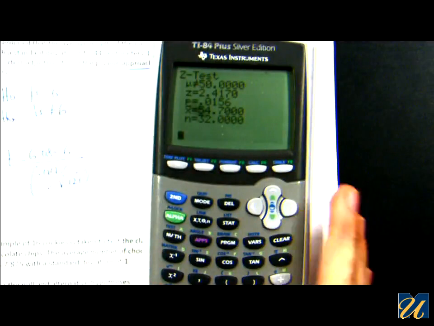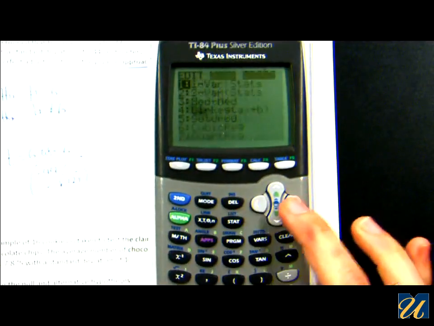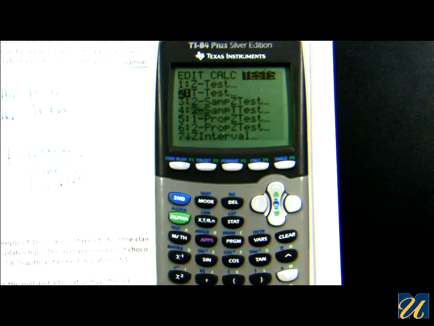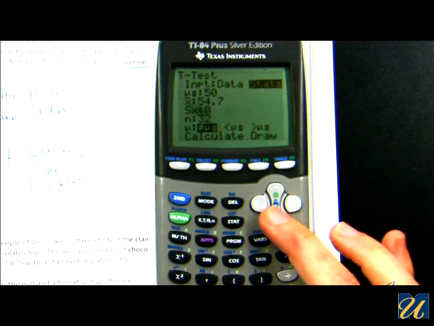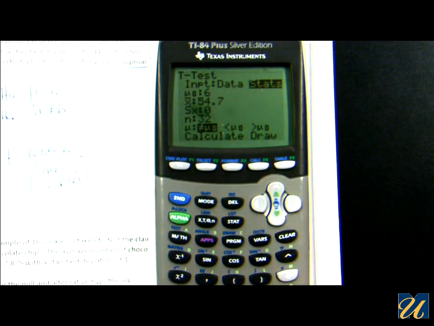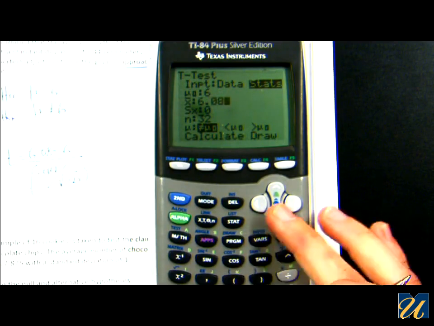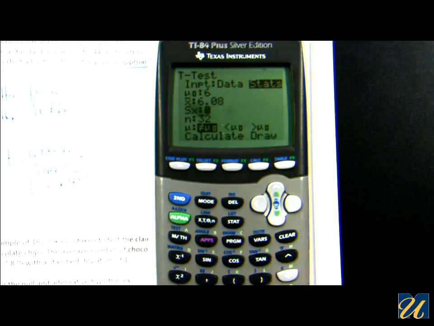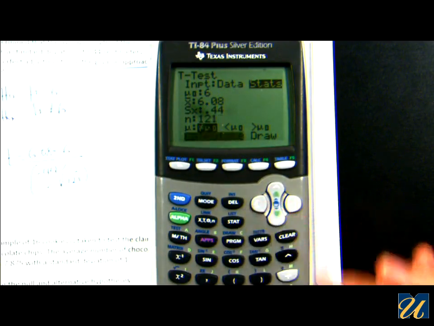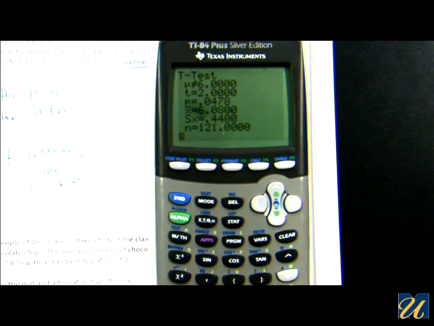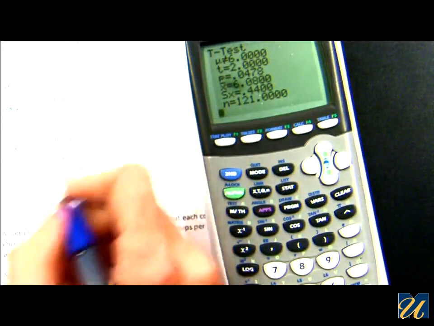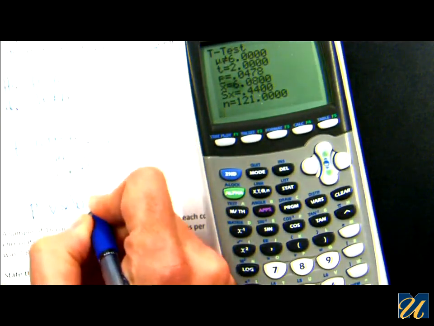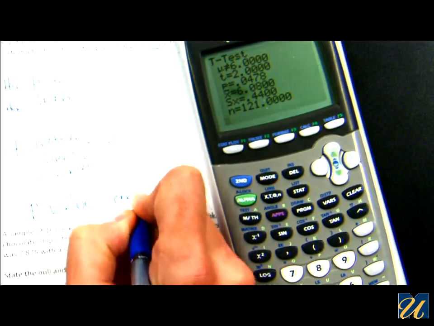Now, let's use our graphing calculator for this. Stat, test, t-test. Since S is given, once again, we have mu 6, x bar 6.08, S 0.44, N 121, different than, calculate. We have our test statistic to be 2, and the p-value to be equal to 0.0478.